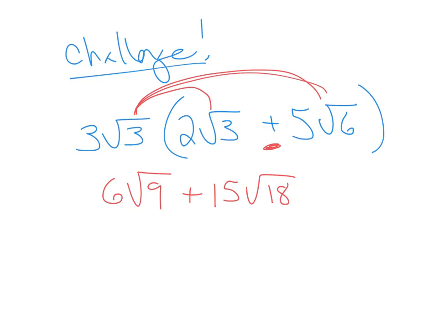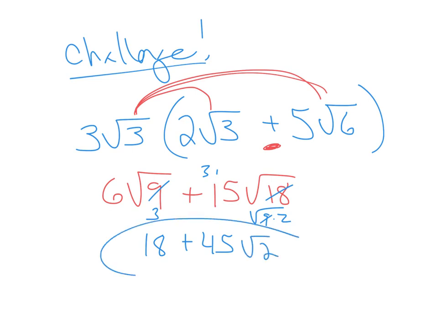And then I can go here and simplify. So that's a 3. So 3 times 6 is 18. Root 18 can be 9 times 2. So that's a 3. That's going to be 45 root 2, and that's all I can do there. So if you got 18 plus 45 root 2, then you win.